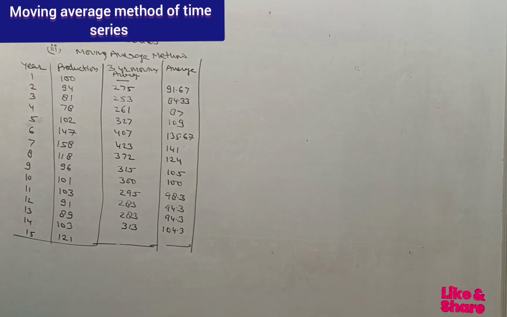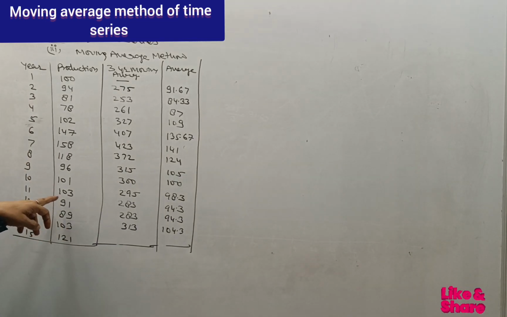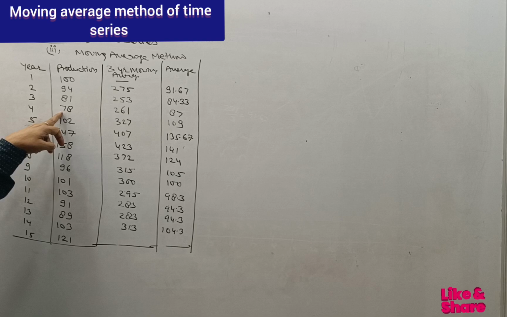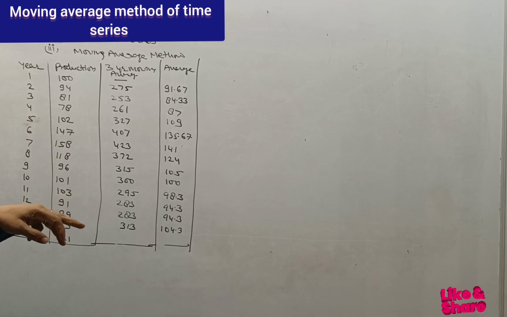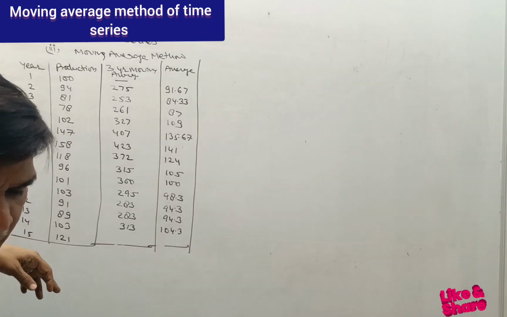Now plotting the data, the minimum data is 78, so I think we should start from 70.